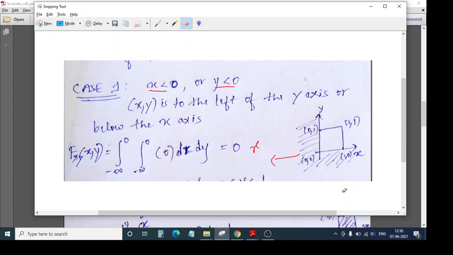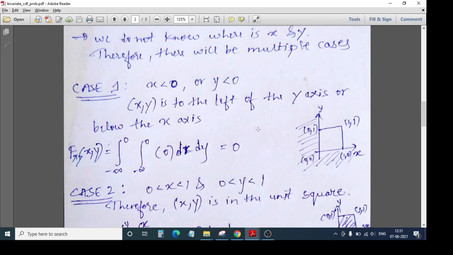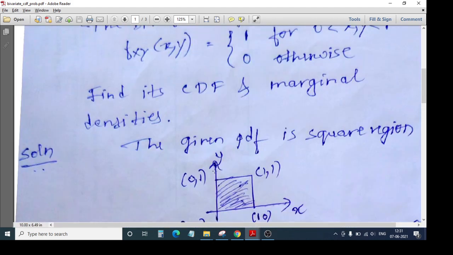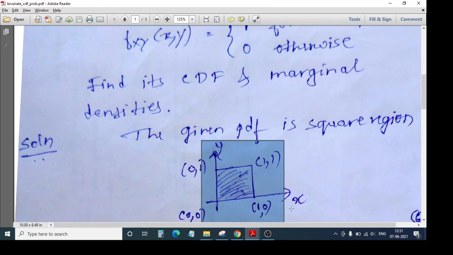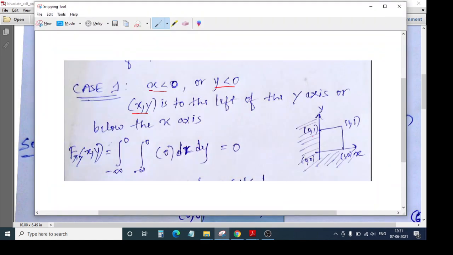When we consider this range, what would happen? The point (x, y) is either to the left of the y-axis or below the x-axis. If you observe the PDF which has been given, do we have any value in this range?